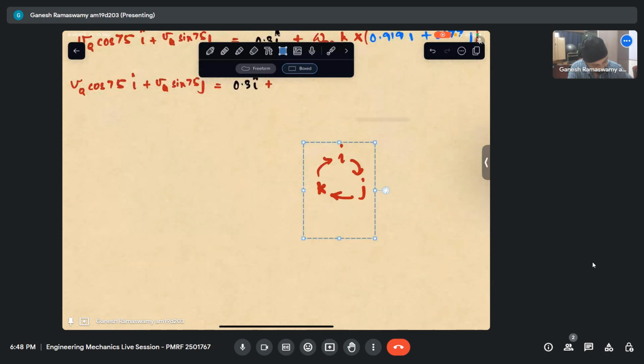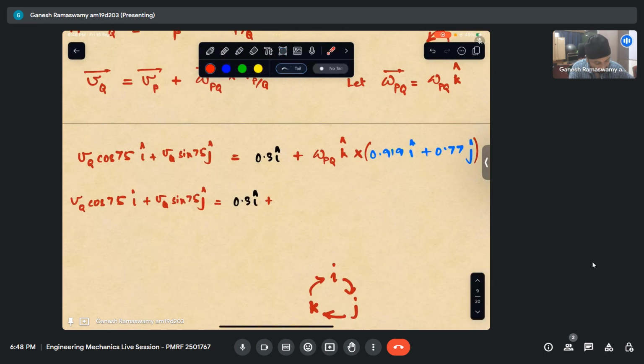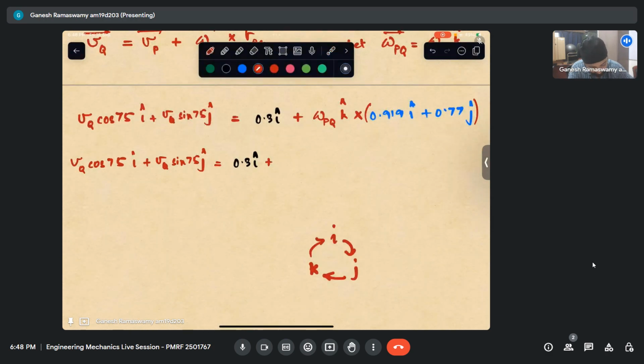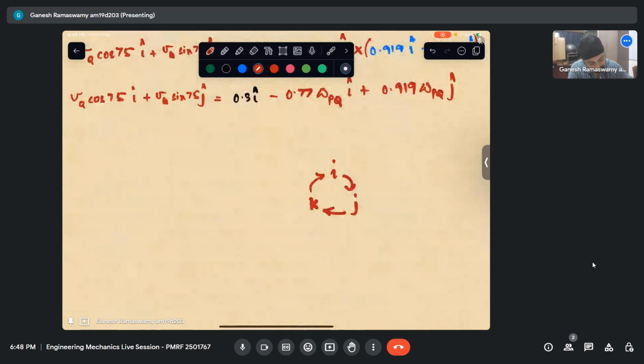So what will this mean? k cross i will be j, and then k cross j will be minus i. So let me write the minus i component first. So this will be minus 0.77 omega_PQ i plus 0.919 omega_PQ j cap. Now I can group the items.